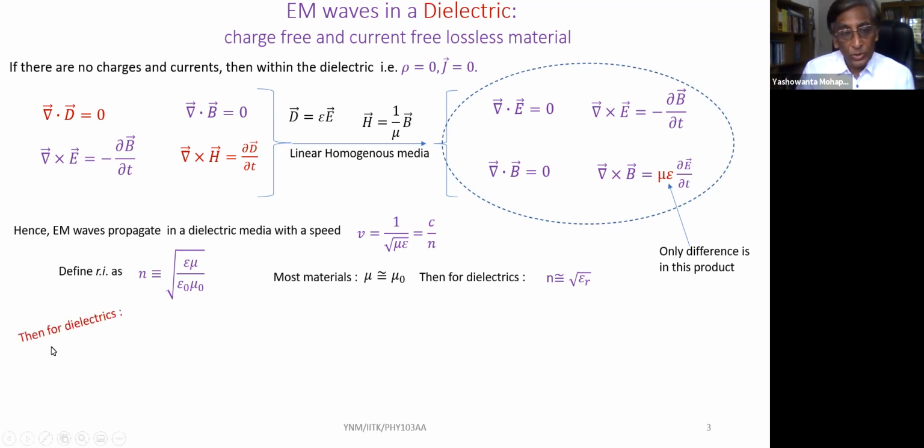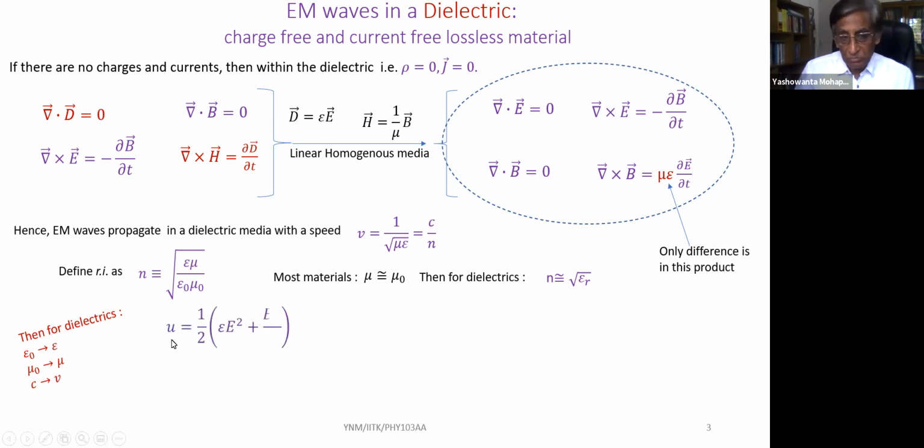All right. So for dielectrics, the transcription for the wave equations that you obtained for vacuum is to replace epsilon naught by epsilon, mu naught by mu, and the speed of light in vacuum c by v. Typically n is larger than 1, and hence light propagates slower in most dielectric materials.